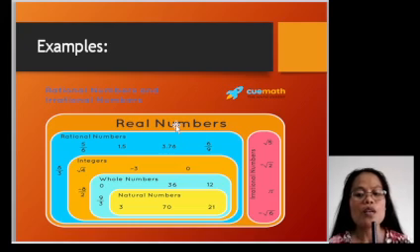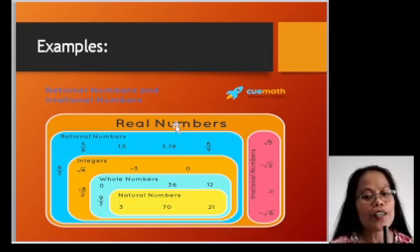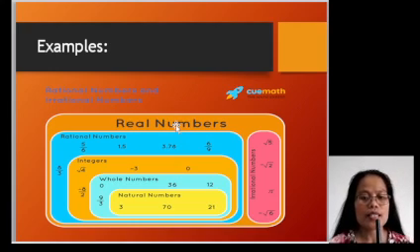So the two classifications of real numbers are rational numbers and irrational numbers. Examples of rational numbers are 5 over 6, 1.5, 3.78, 6 over 9, 8 over 3, square root of 4, negative 3, 0, negative 8 over 2, 36, 12, 9 over 3, 3, 70, 21.